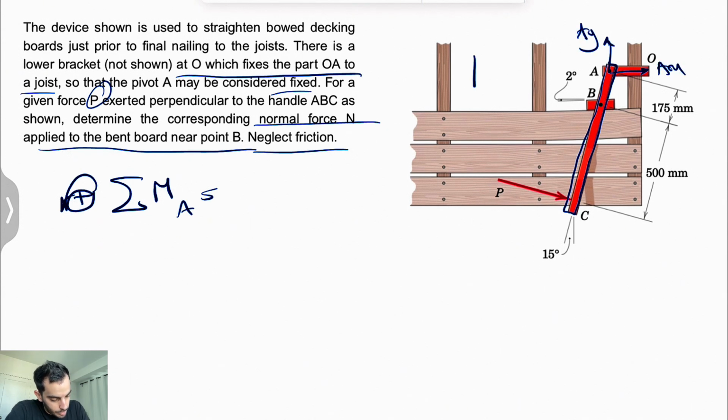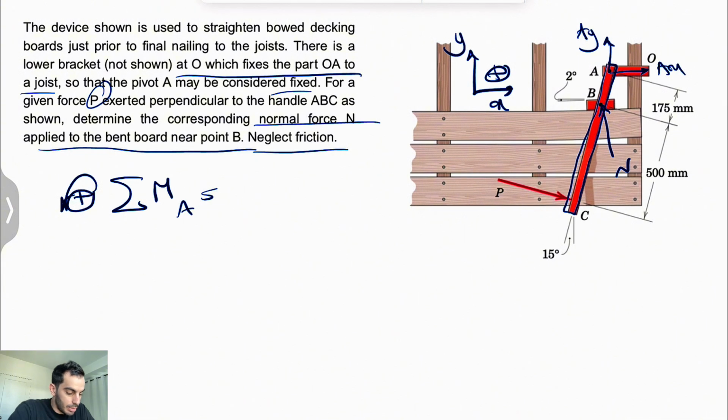Let's show our X and Y axes here. But again, we are not interested in the reaction at point A. We're interested in the normal force at point B, which is the normal force applied to this board.